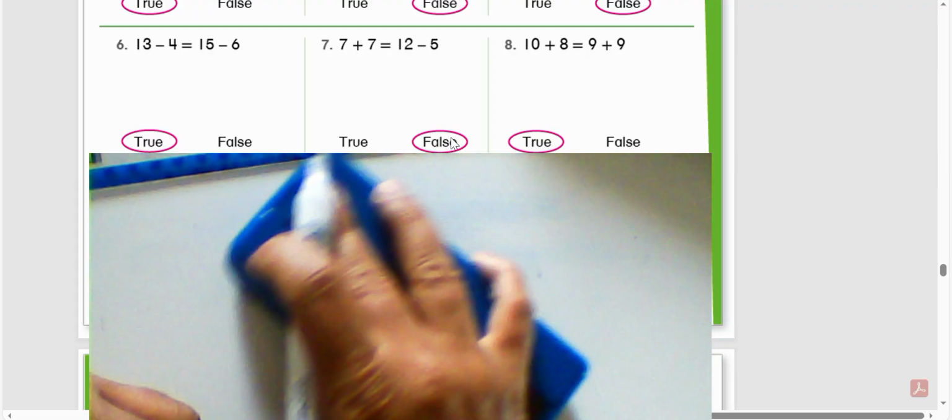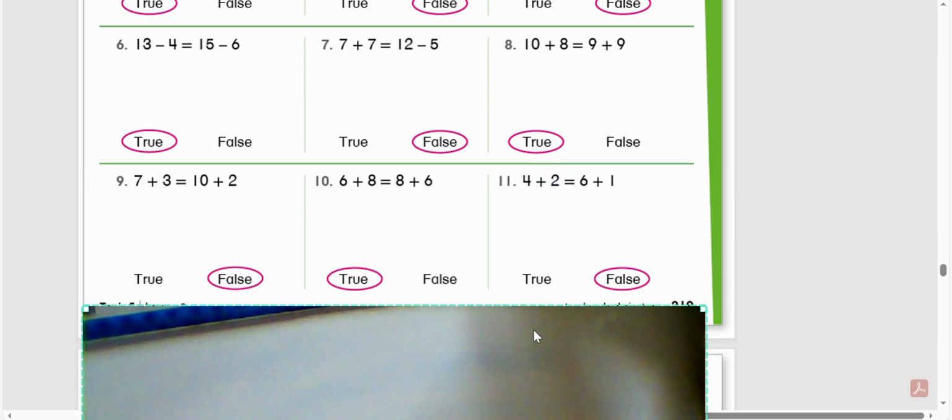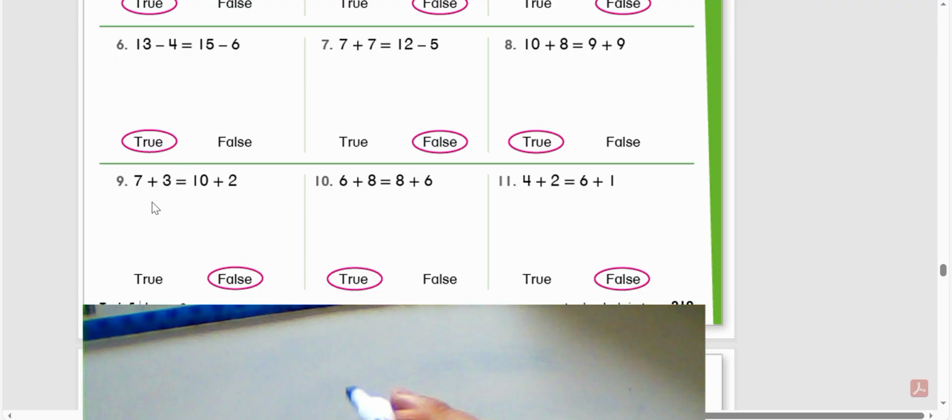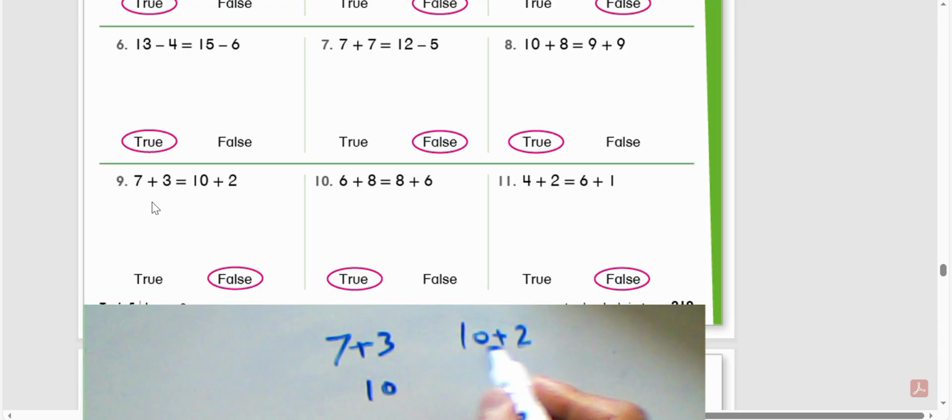It's false. Is 10 plus 8 equal to 9 plus 9? True, because 9 plus 9 equals 18. And 10 plus 8 equals 18. 7 plus 3 and 10 plus 2, equal or not? We know 7 plus 3 equals 10 and 10 plus 2 equals 12.